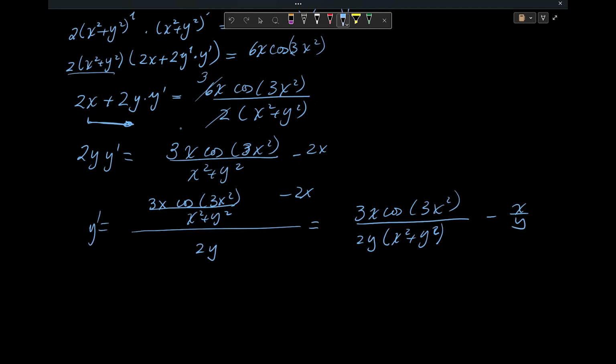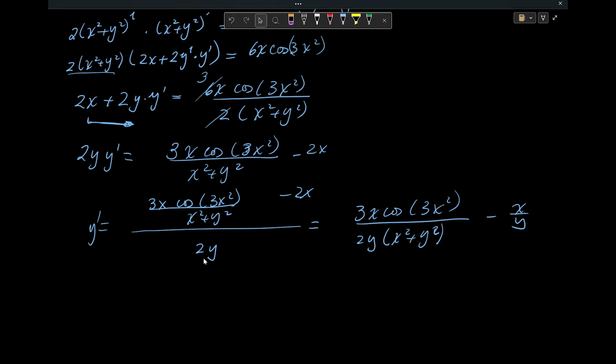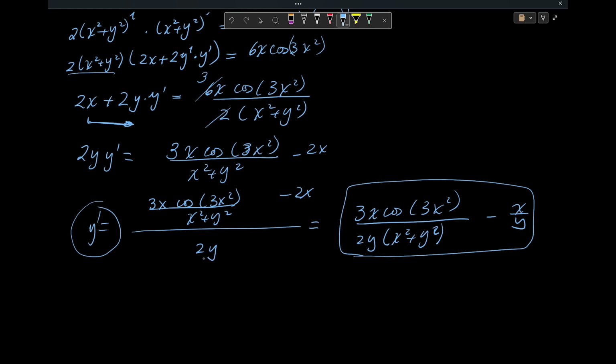I just divided each term here by 2y. You don't need to get a common denominator or anything like this. You can't hardly combine anything, but maybe the x can be factored out, but this is it. This is the idea: now we have y prime as a function of x and y right here. We were able to do it, okay?